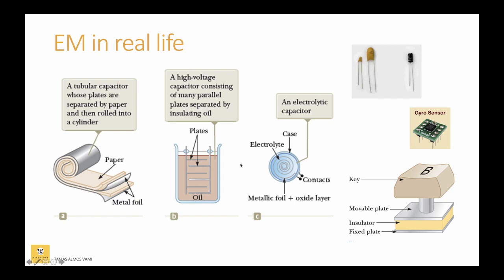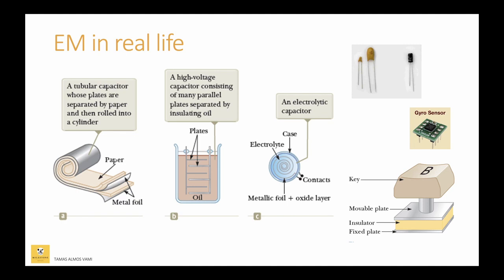And then there are big capacitors outside, like data storage facilities where you really cannot lose power for very long. So these have huge containers in which they fill it up with oil, and that oil is what we use as a dielectric to increase the capacitance of the system.